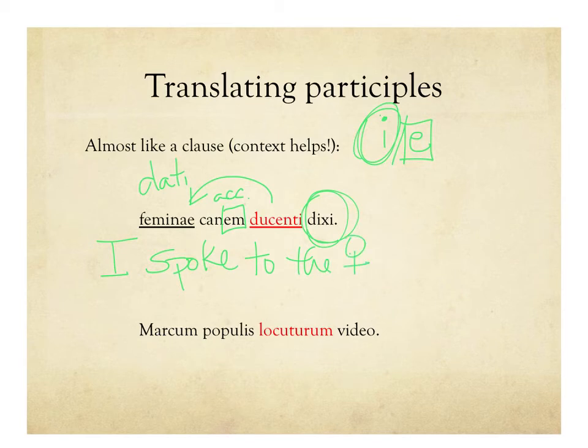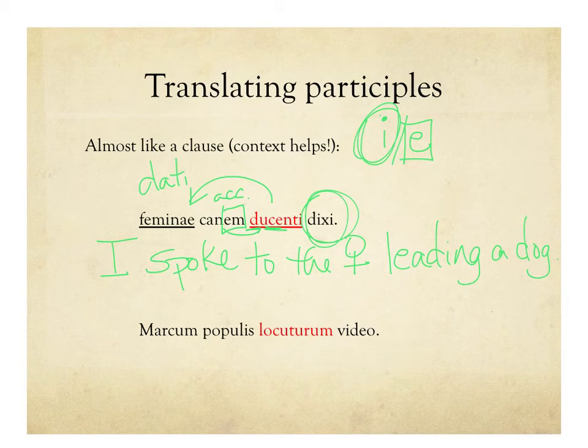And what kind of woman is she? She's leading. And what is she leading? A dog. Right, so in this case, dog is actually the direct object of ducenti, not of dixi.